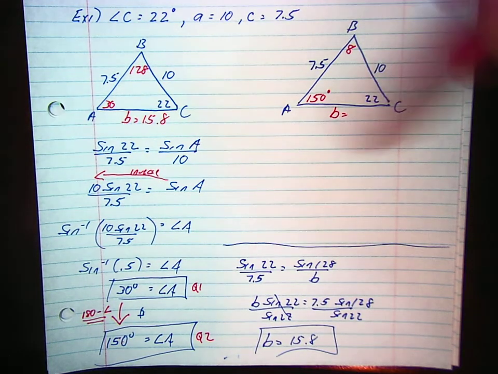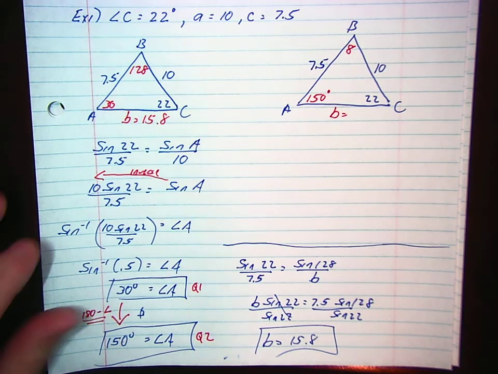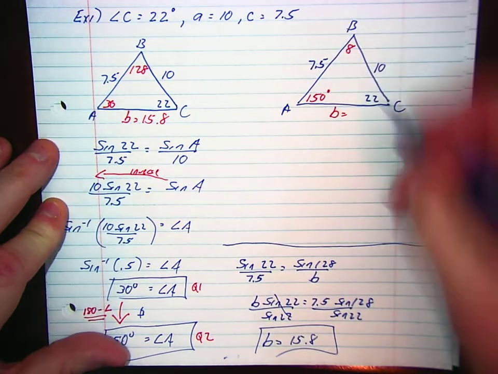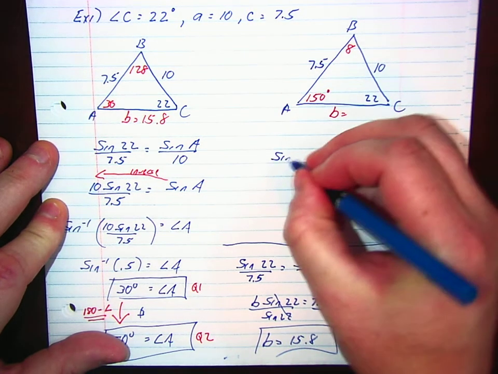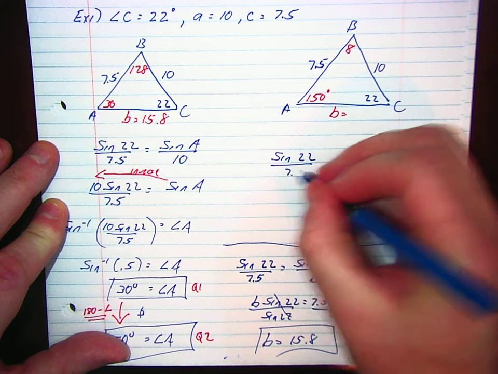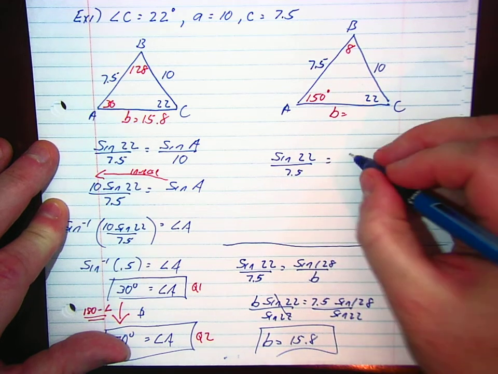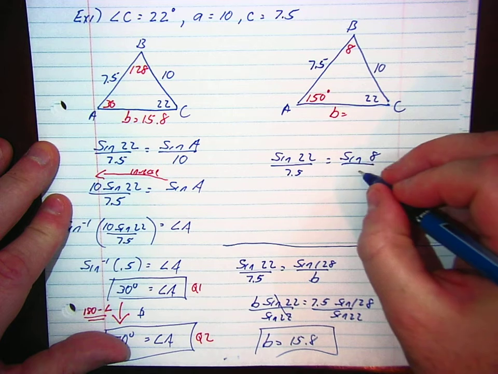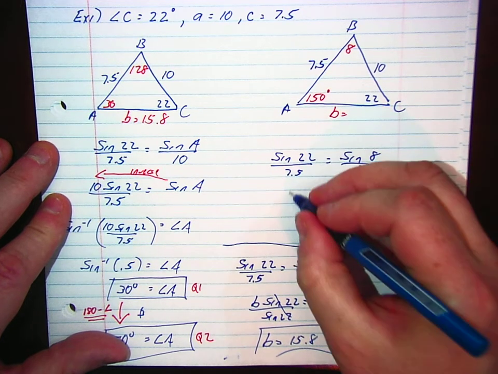Now I'm going to finish this one over here. So I'm really doing the same exact thing I did in this one to find little b. I'm going to set up the proportion. So the sine of 22, little c, big C, over 7.5 equals the sine of b, which is 8, over little b. Cross multiply and solve.